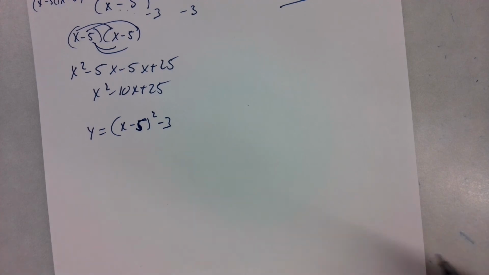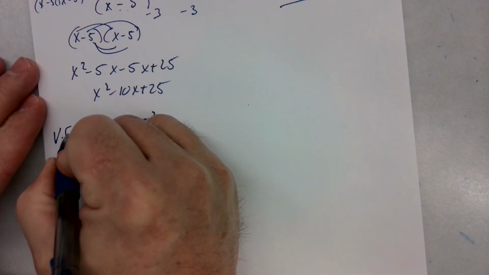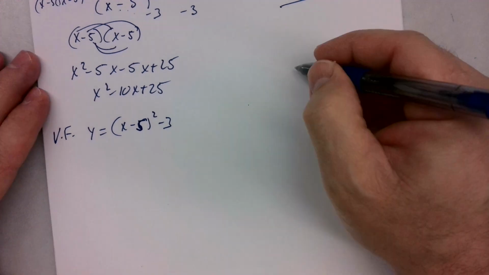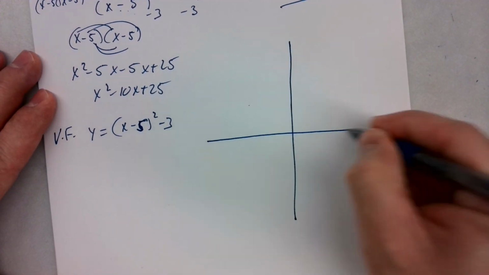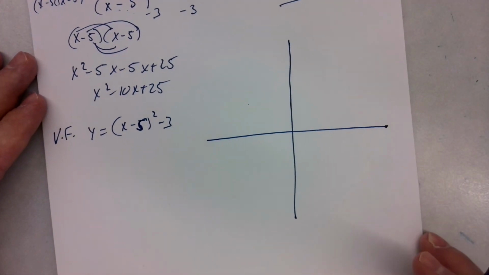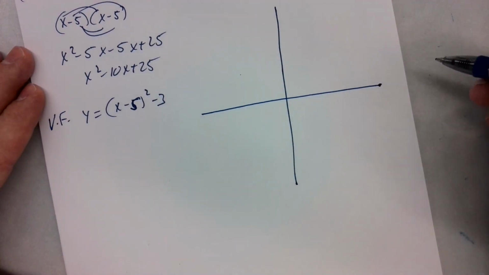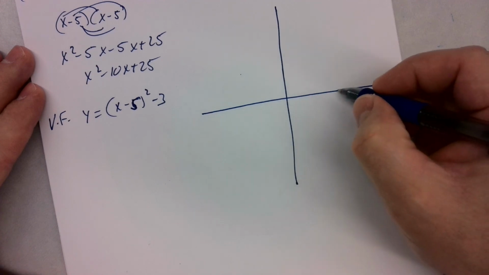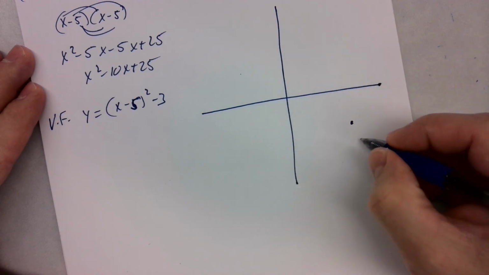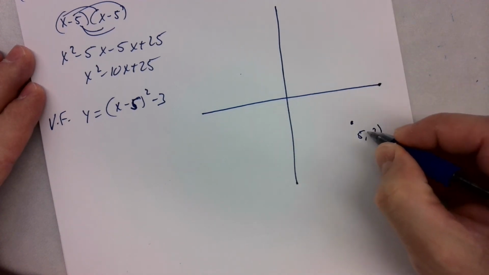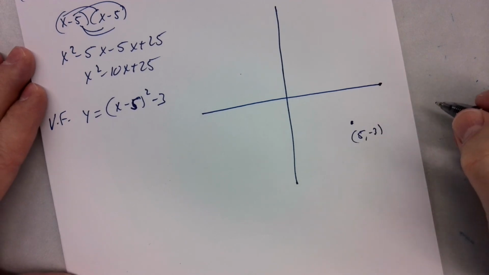It is vertex form, which makes it easy for me to answer all of these questions. So where am I going to go? Right 5, down 3. So 5 comma negative 3.